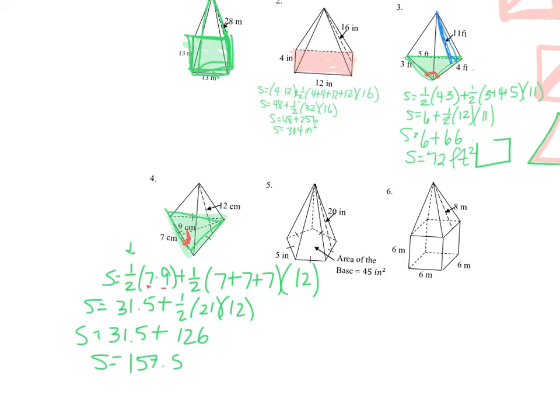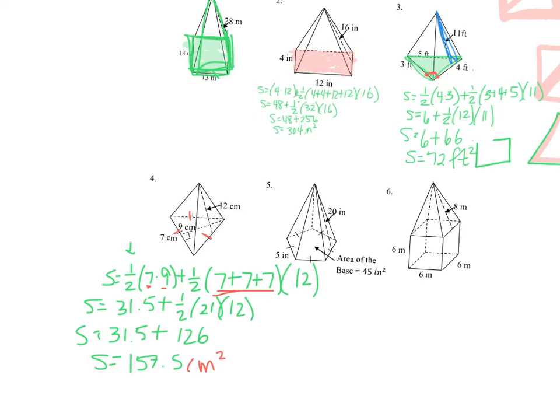Here, our perimeter is that distance around, and you'll notice that we have these tick marks here, indicating that if that side is 7, so is that side, so is that side. That's why the perimeter of this triangle is 7 plus 7 plus 7. And then that quantity times 12. So you should have gotten 157.5 centimeters squared.